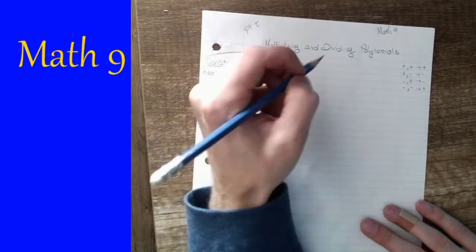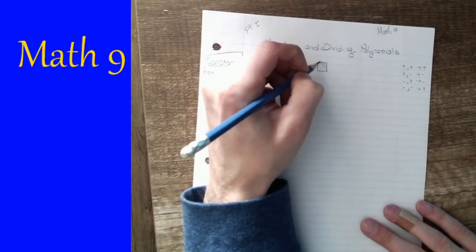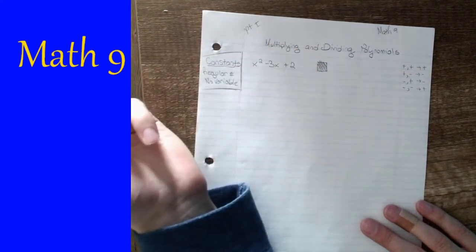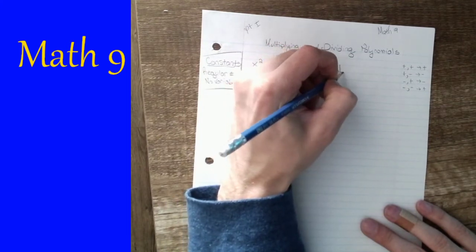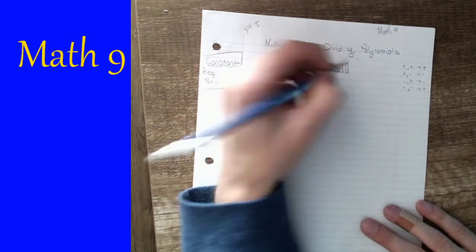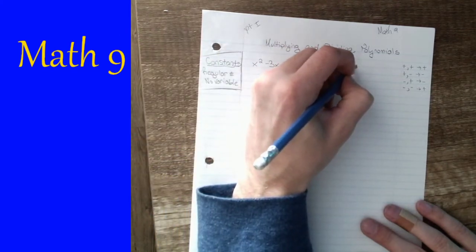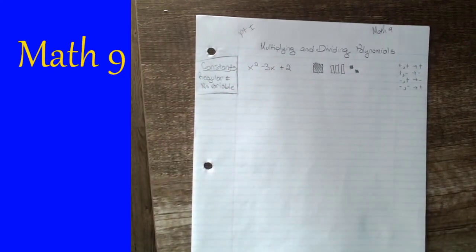So I have x squared, it's positive, so it's shaded. A negative 3x and a positive 2.